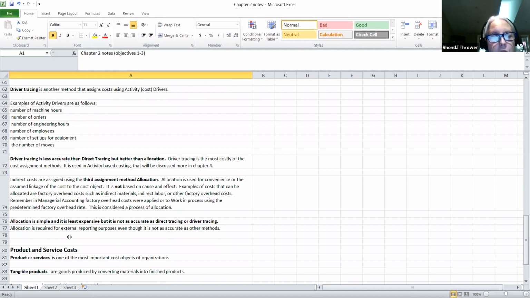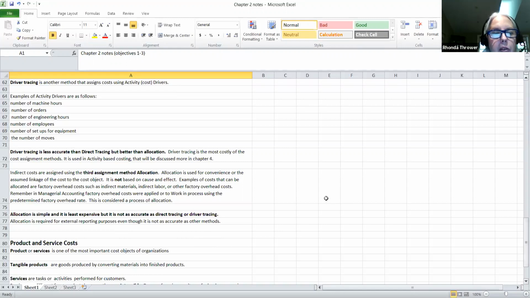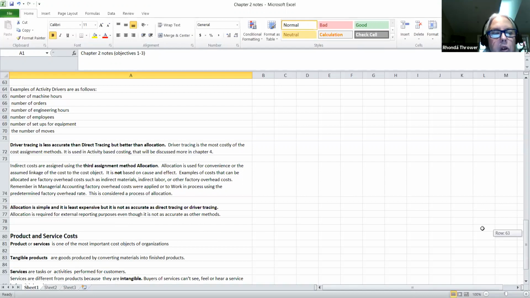Allocation is used, however, for external reporting purposes, even though it is not as accurate as other methods. So the three methods that we're going to use to assign cost to our products or our activities are direct tracing, driver tracing, and allocation.